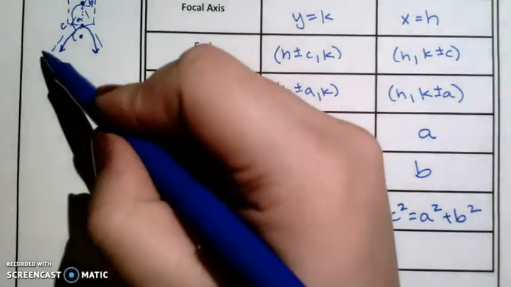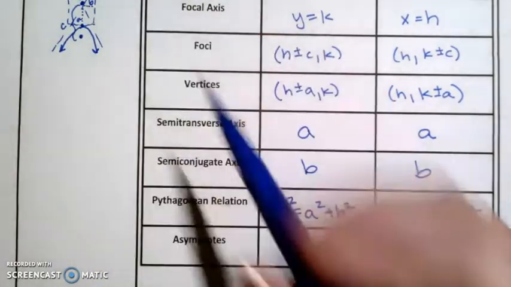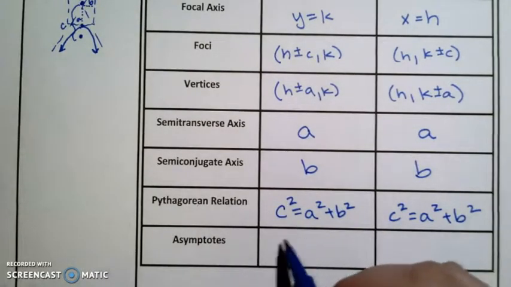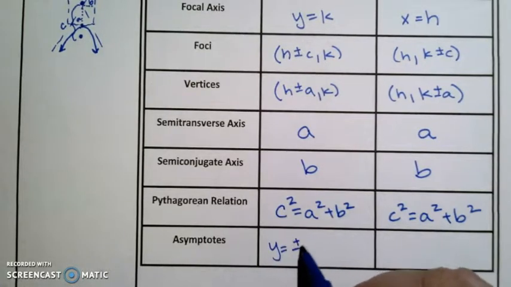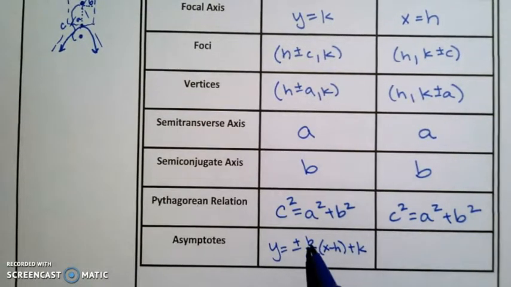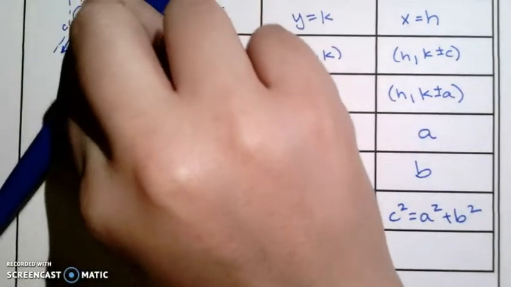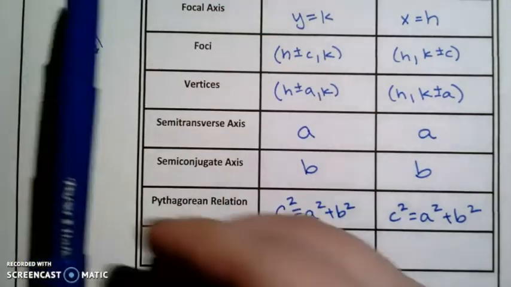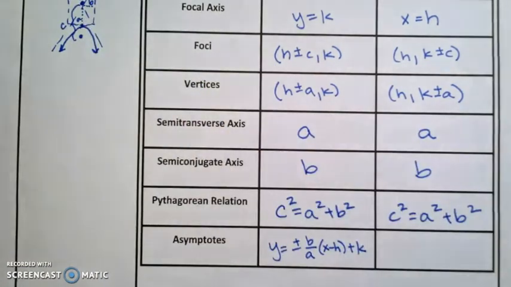And we have our asymptotes here, the dashed lines, found by y equals plus or minus b over a times (x minus h) plus k. It's a line with the slope of plus or minus b over a, so this would be the positive slope and the negative slope.